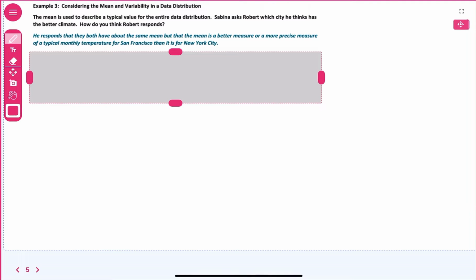Now, why would he say that? Why is the mean a better measure for San Francisco rather than New York? Well, that's because New York's temperatures vary more. So it's not as accurate a statement. I mean, it's an accurate statement, but it's not as telling.